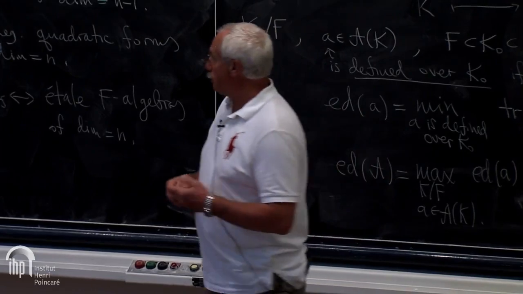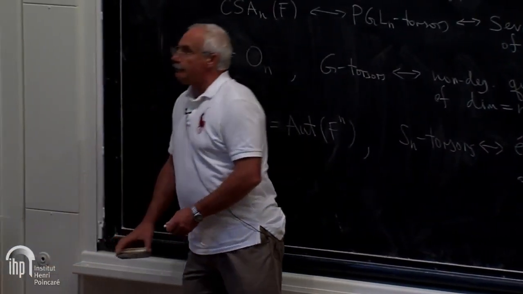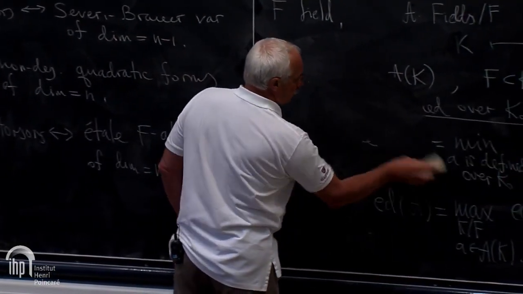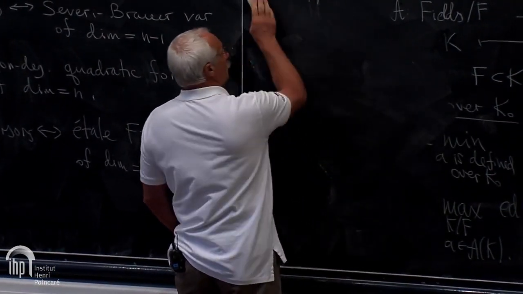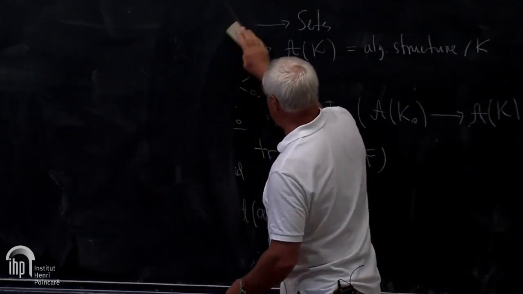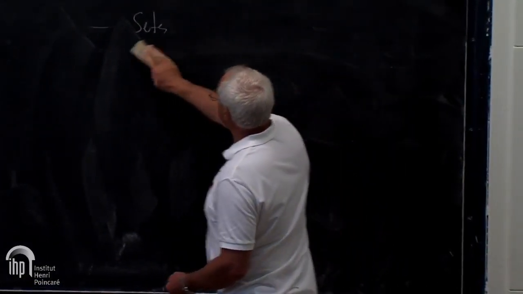So how to compute the essential dimension of an algebraic group? Again, we have two strategies to do the upper bound and lower bound. For the lower bound, one can use the cohomological invariants of algebraic groups.